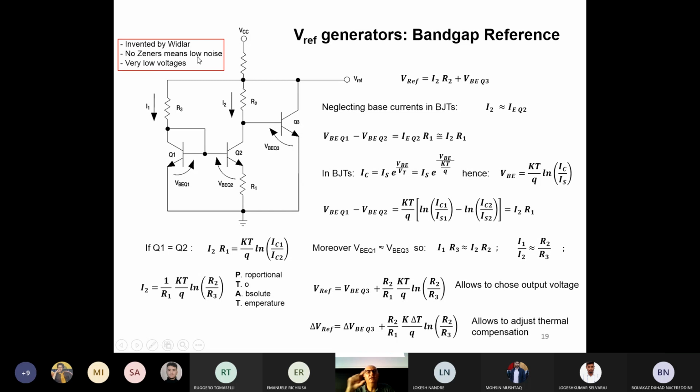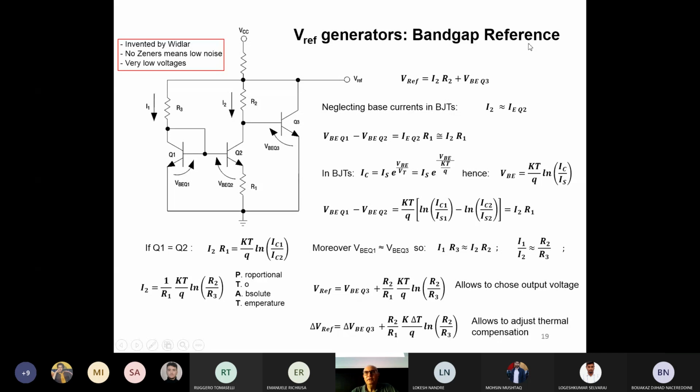So if you look at the output voltage with a good equipment, you will see that the output voltage is stable, but it has some small ripple at high frequency, a sort of white noise which comes together with the DC voltage. And also this circuit can work at very low voltages. Typical applications are around 1.2 volts. That is very good for modern electronics.